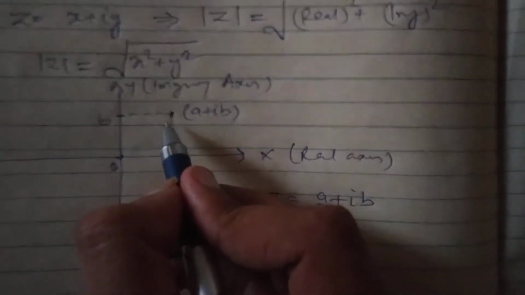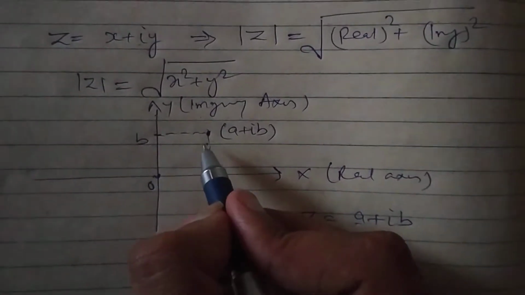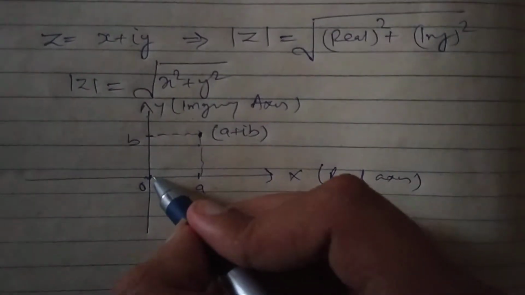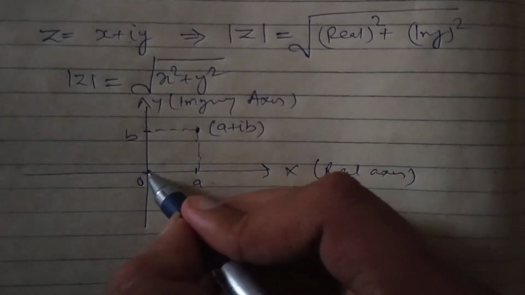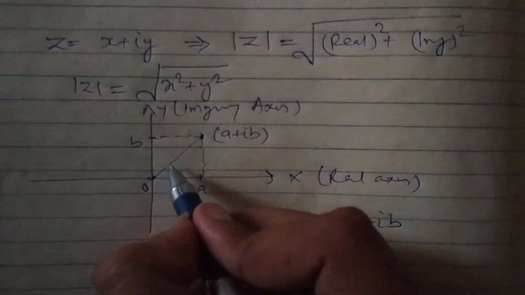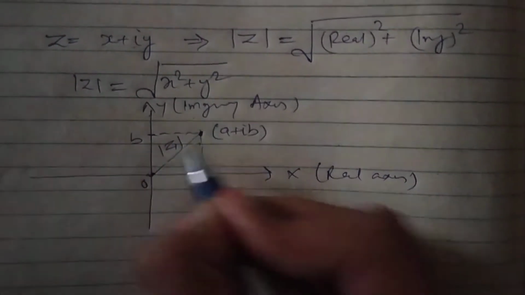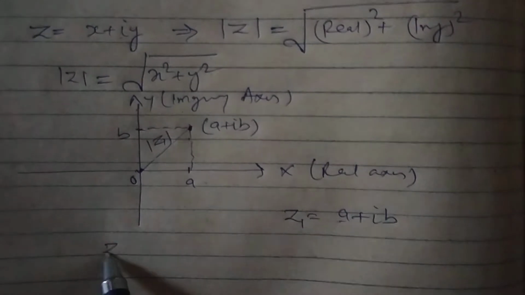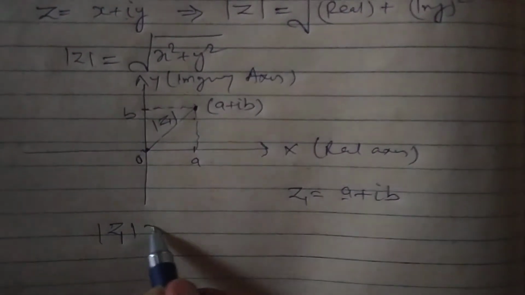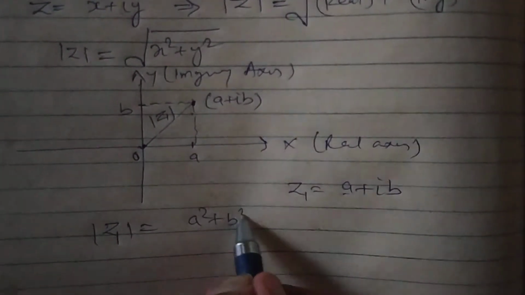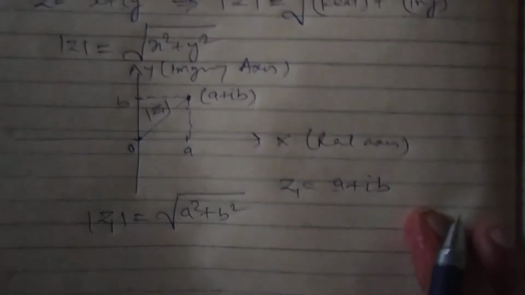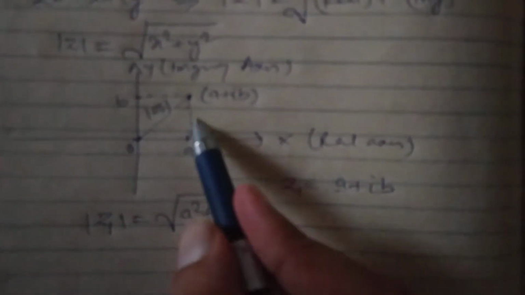And one more thing, when we talk about the magnitude, what is the magnitude? The magnitude would be the distance of this point from the origin. So the magnitude of z1 equals the square root of a square plus b square, and this is the same formula which we use in geometry, in linear equations, when we calculate the distance between two points.